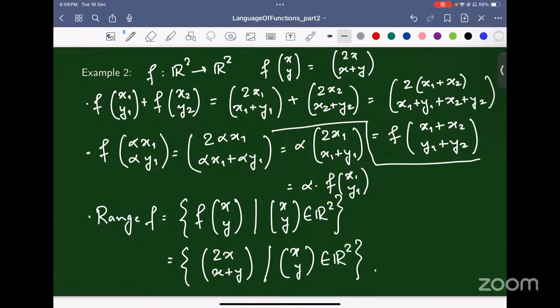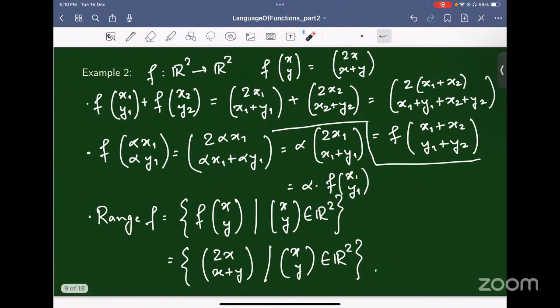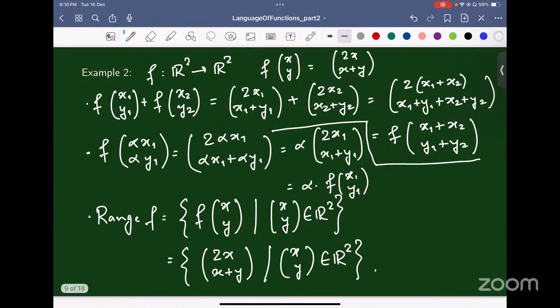So the question now is, what are all such vectors? Like before, I'm wondering, is every vector in R2 expressible in this manner? For that, I will have to check that if I'm given a random vector (x prime, y prime), can I express it as (2x, x plus y) for some x and y?